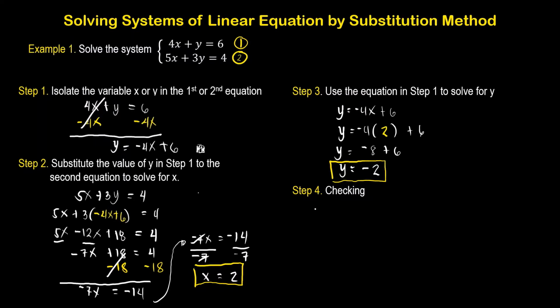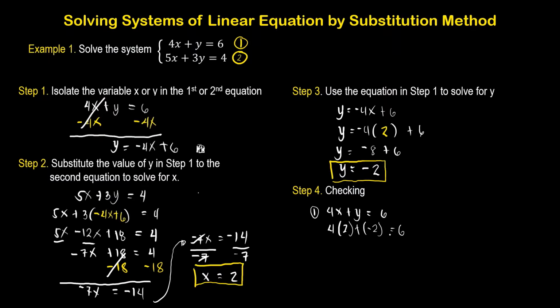So start muna natin, let's check if yung given value ng x and y natin is mag-satisfy sa both equations. So start muna tayo sa first equation, wherein we have 4x plus y is equal to 6. So, ang gagawin natin dito is we just simply plug in the value of x and y sa given equation. So, this is 4 times, of course, yung value ng x natin, which is equal to 2, plus the value of y, which is equal to negative 2, is equal to 6.